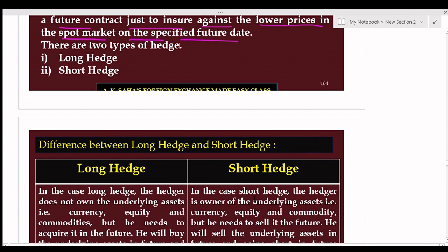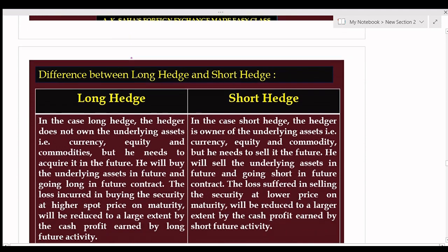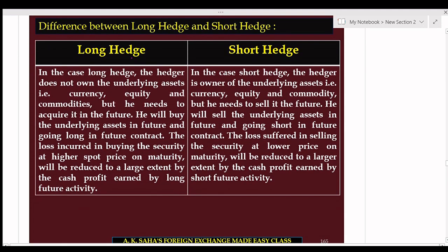There are two types of hedge: long hedge and short hedge. The difference between long hedge and short hedge. Long hedge: in the case of a long hedge, the hedger does not own the underlying asset, that is currency, equity and commodities, etc., but he needs to acquire it in the future.